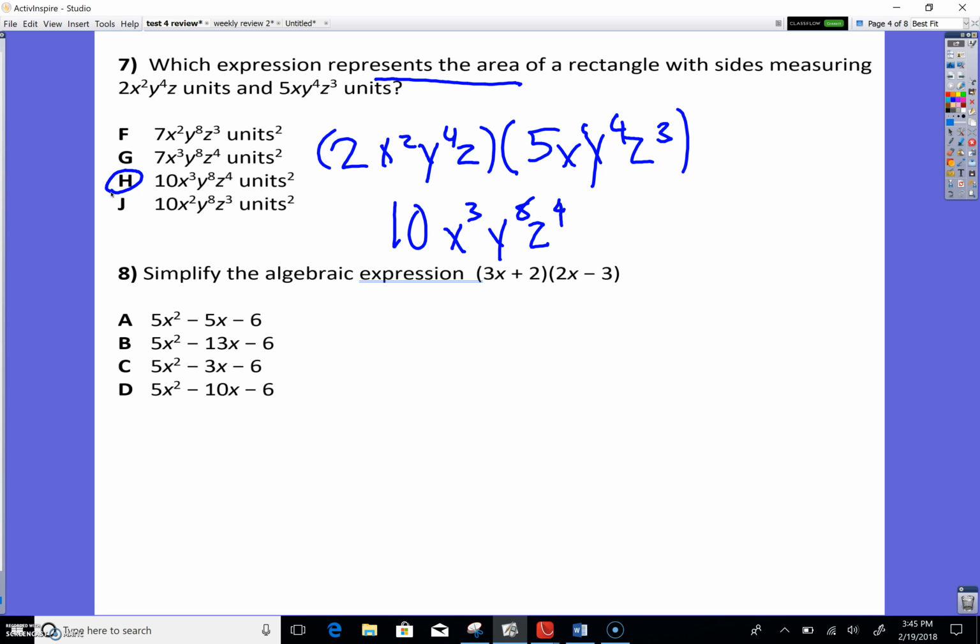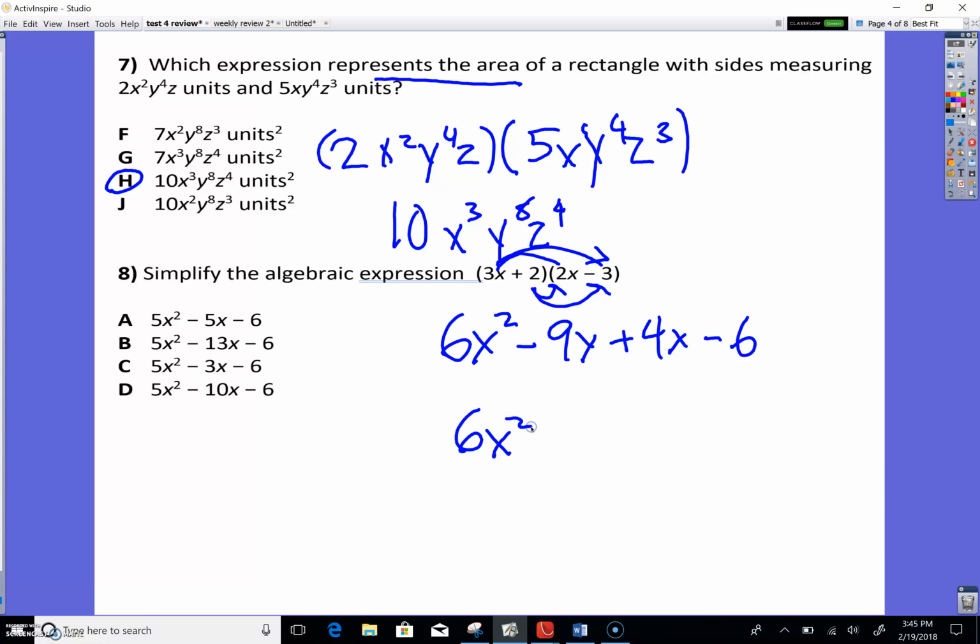Simplify. Okay, we're going to do FOIL. Multiply 6x squared minus 9x plus 4x in the bottom minus 6.